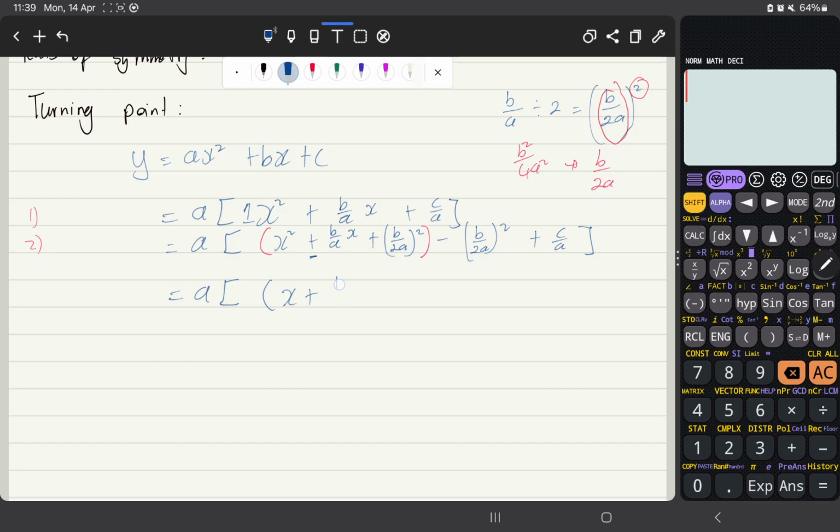So here you have b over 2a squared. Nice work. And then we have minus b squared over 4a squared, plus c over a. Now it's just dealing with the last term.